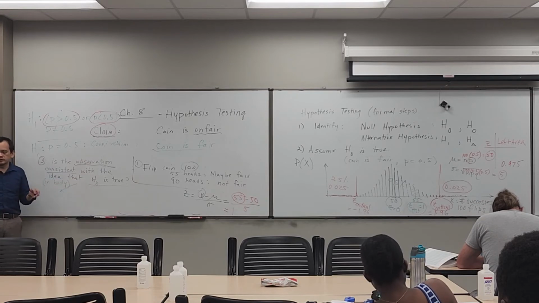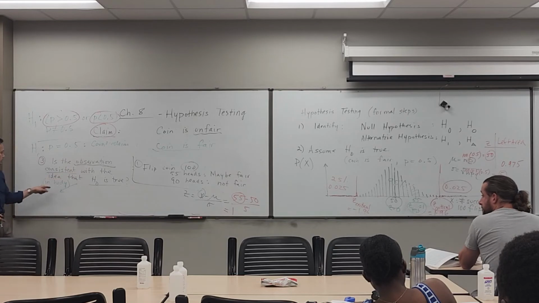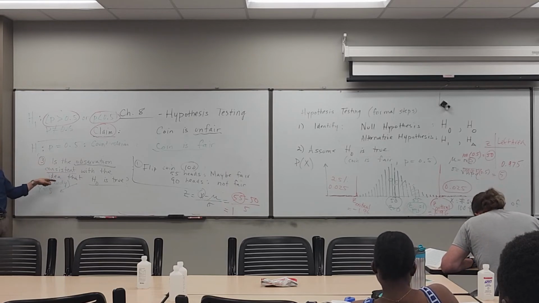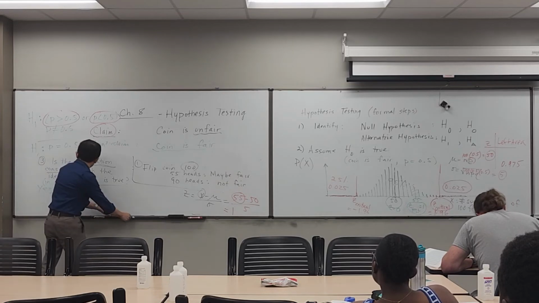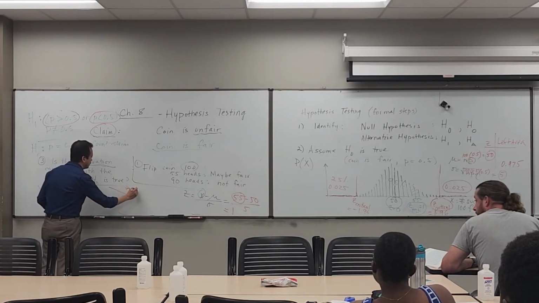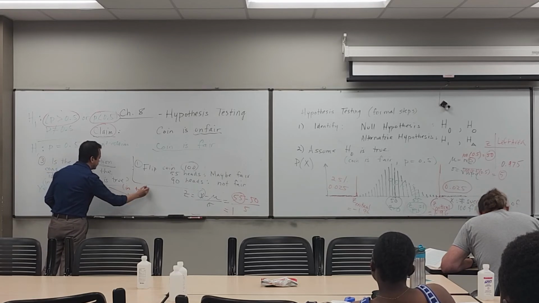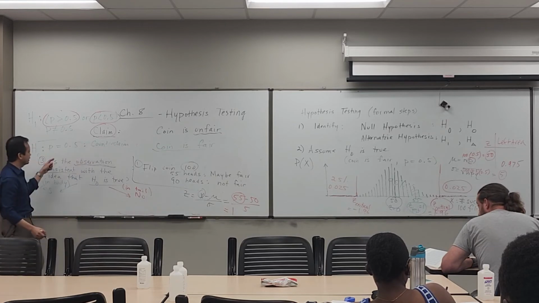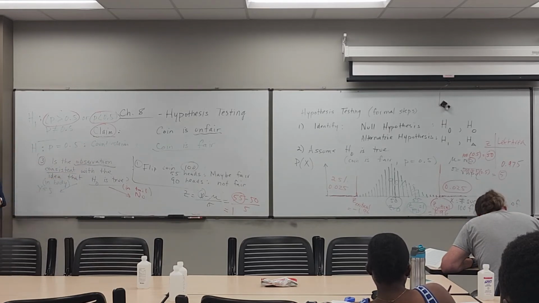And you can only answer that question one of two ways, yes or no. So if the observation is in the body, then the answer to that question is yes, the observation is consistent with the idea that H0 is true. And vice versa, if the observation had been in the tail, then you would have answered that question as no, the observation is not consistent with the idea that H0 is true. Any questions so far?